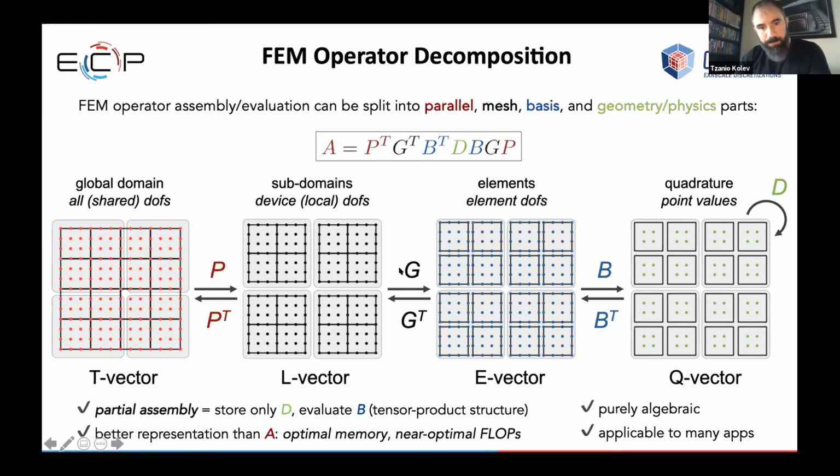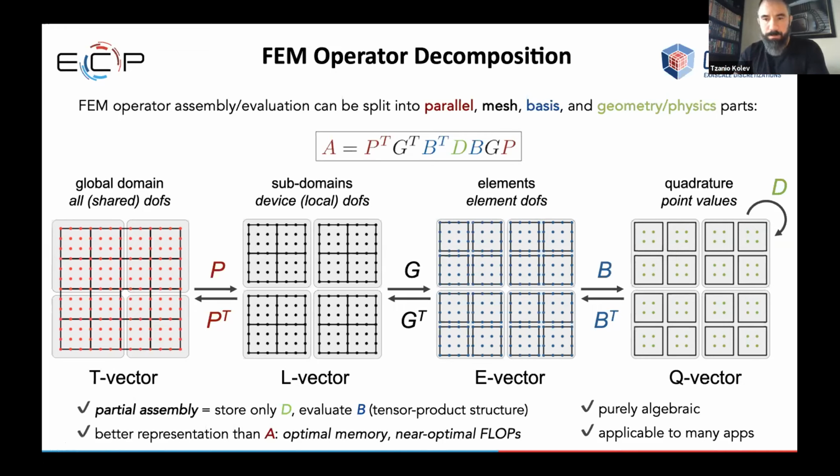The next similar operator is G. This takes you from a local mesh to the degrees of freedom on each element individually. So G allows you to zoom in to element level. The B operator, B stands for basis here, takes you from degrees of freedom on the elements to quadrature points on the elements. And at this point, at the quadrature point level, that's where all the physics is.